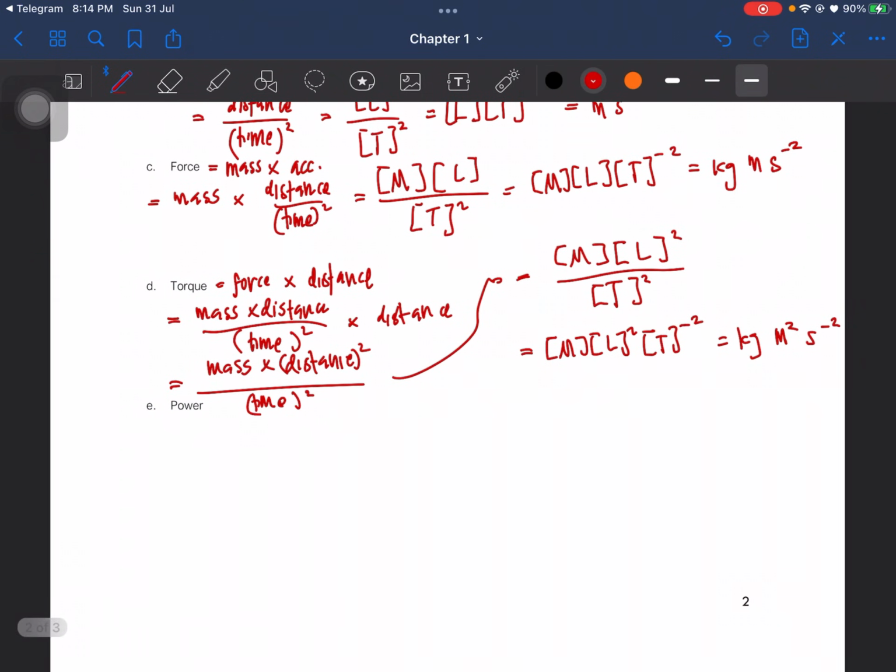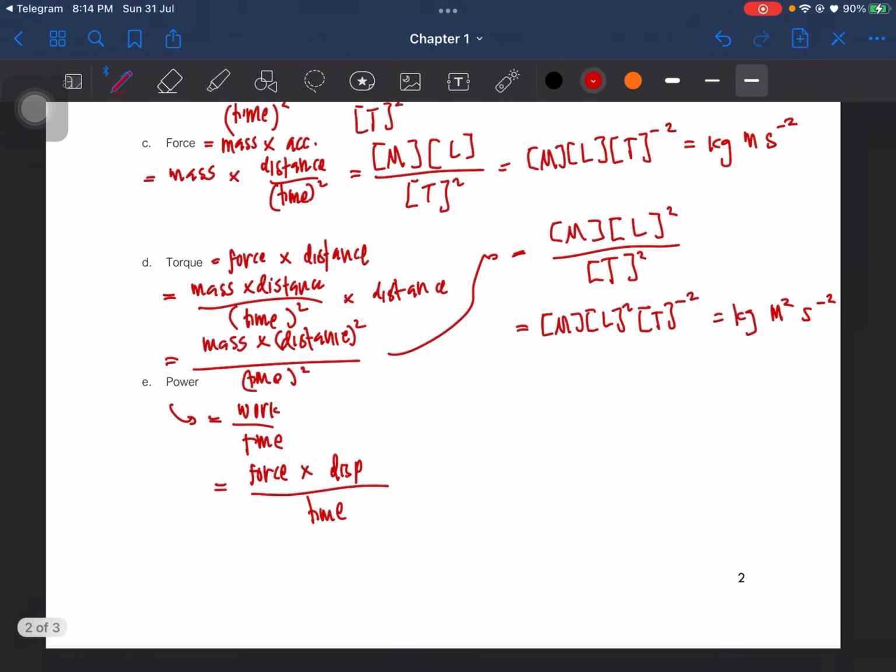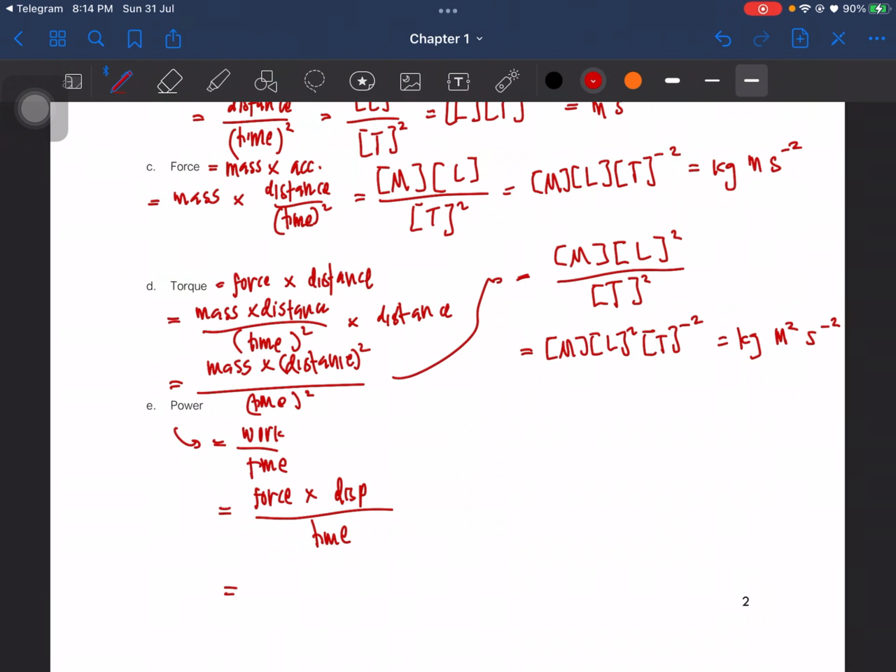And then we have power. Power is equal to work divided by time. Work is equal to force times displacement, divided by time. Force is mass times distance divided by time squared, times the displacement, divided again by the time.